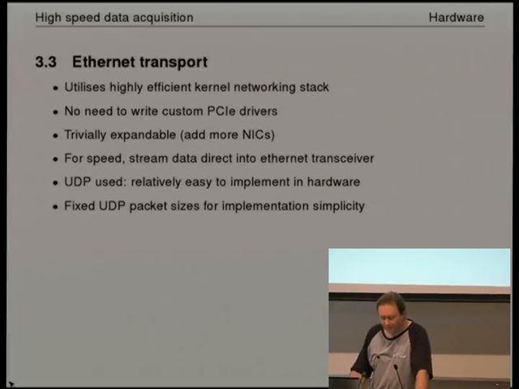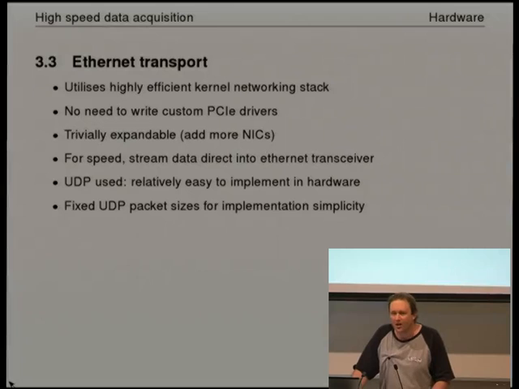Bandwidth requirements of the memory meant that that couldn't be done, and so we started looking at ways of getting that data straight off the ADCs straight into the Ethernet MACs, which are built onto these Virtex 4s. Doing that in hardware, which was the aim here, using TCP was not a feasible option.